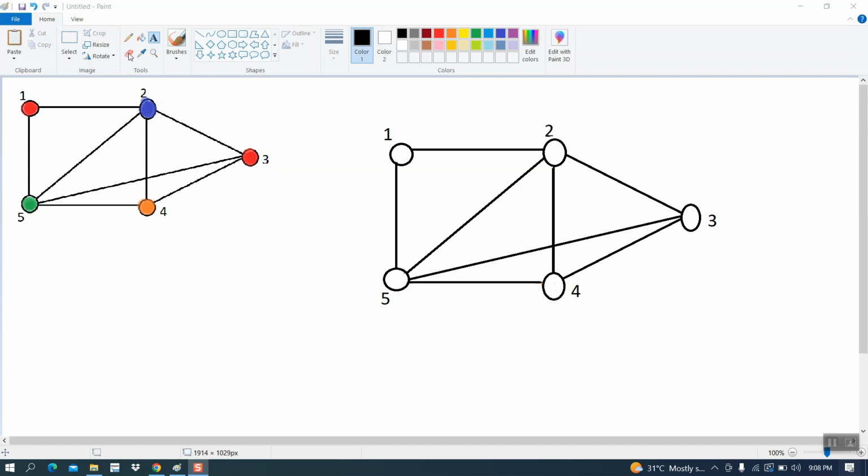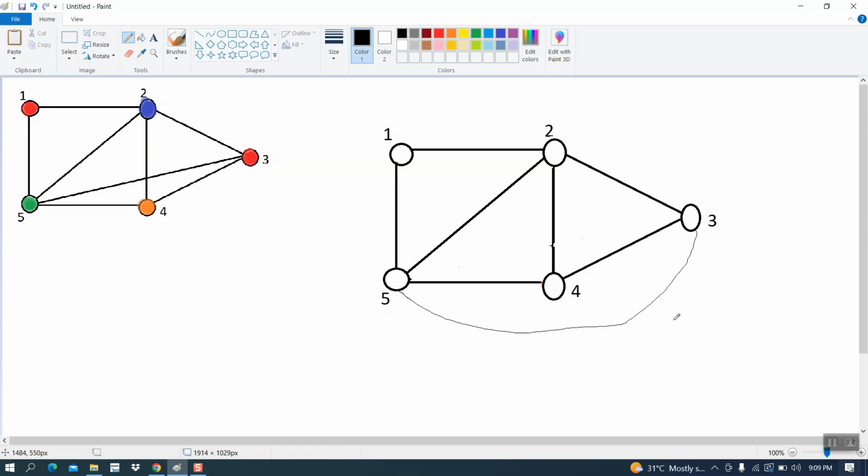Let's see how to do this. I will remove the edge from 5 to 3. Now let's redraw the line from 5 to 3 without crossing the edges. So we can draw like this. Now it is a planar graph.